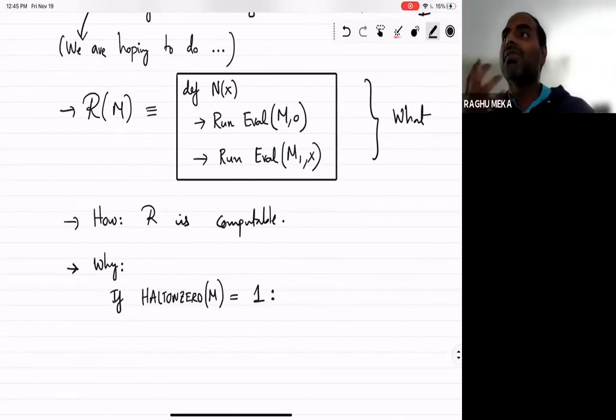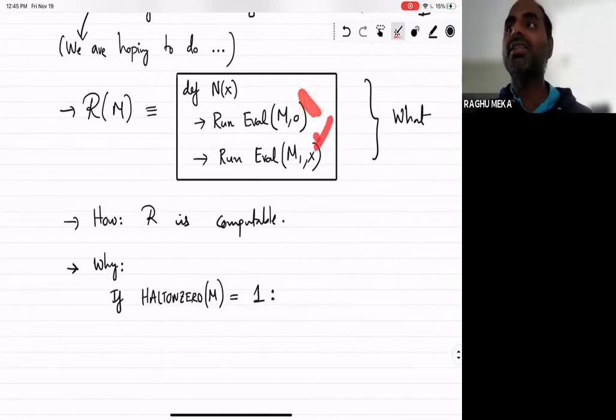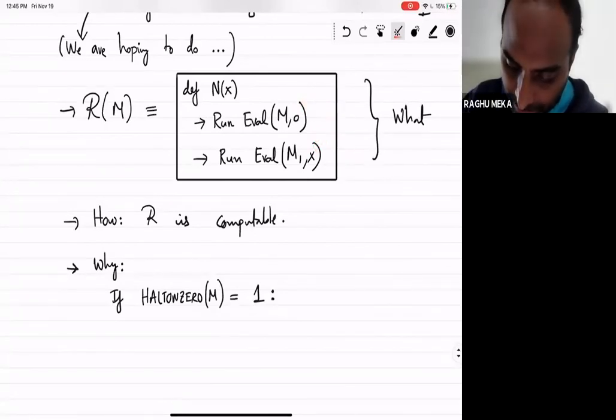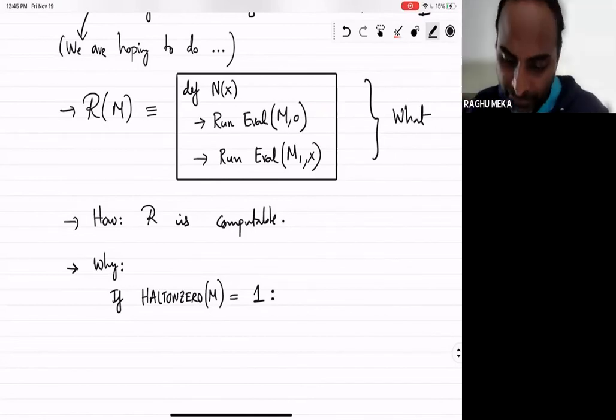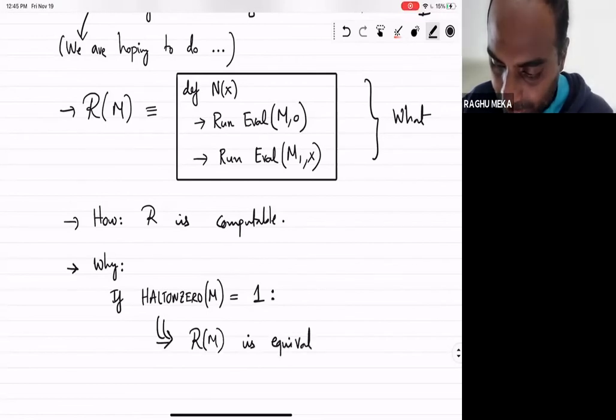What is its behavior like? If m halted on 0, then you would terminate in this step and go to the second step, right? So what does this tell me about the program R of m? Its behavior is equivalent to m1. This implies R of m is equivalent to m1.